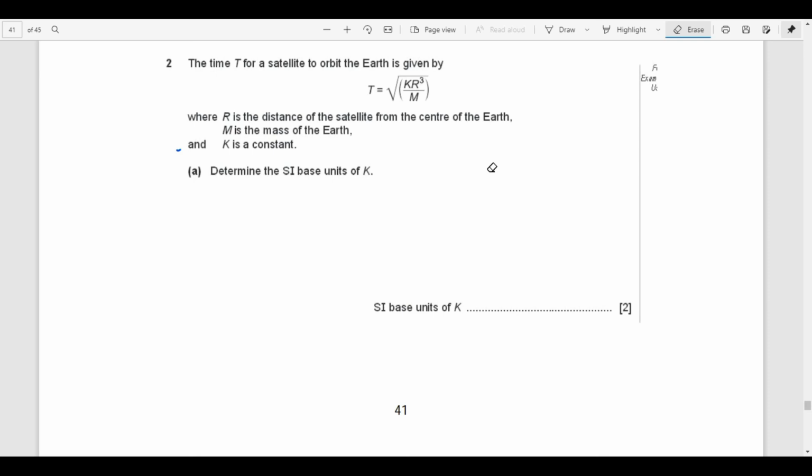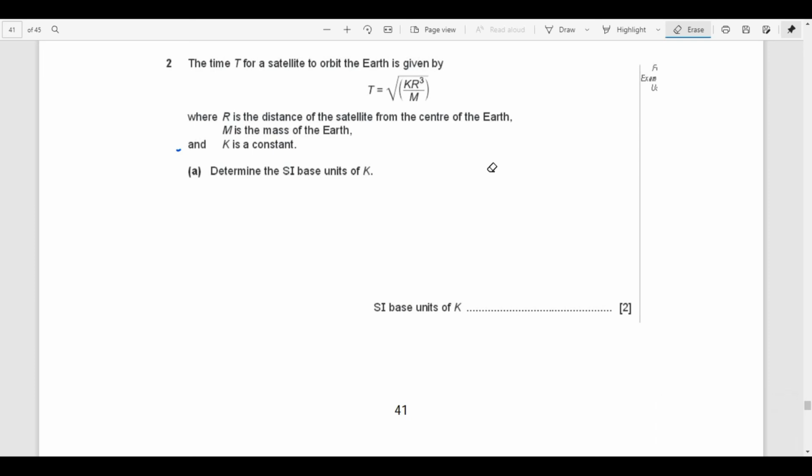T stands for time period, R is the orbital distance or radius, M is the mass, and K here is a constant. You first have to find the base unit of K, and then you have to find the value of K. You have to calculate the value of K with its uncertainties.